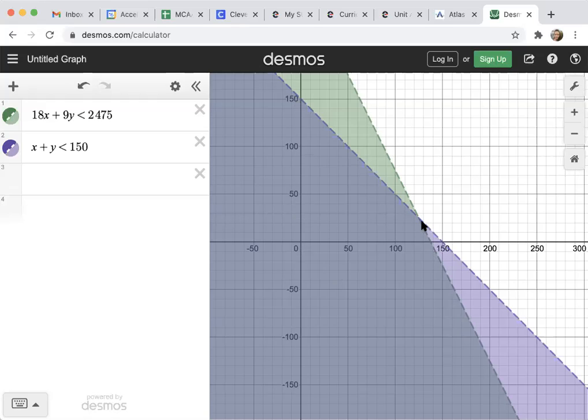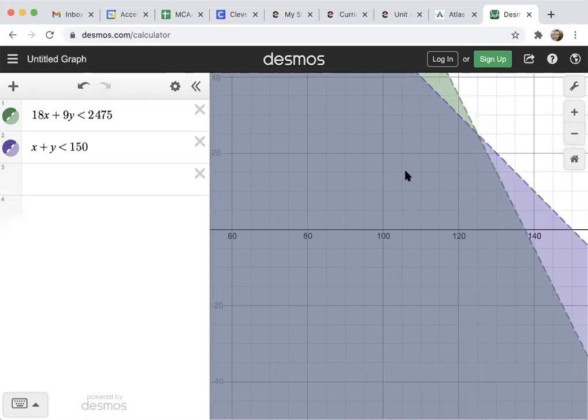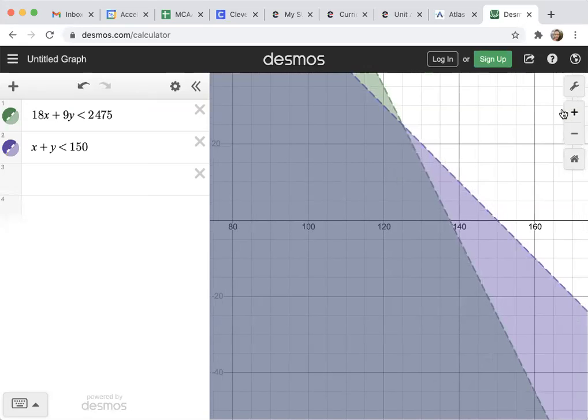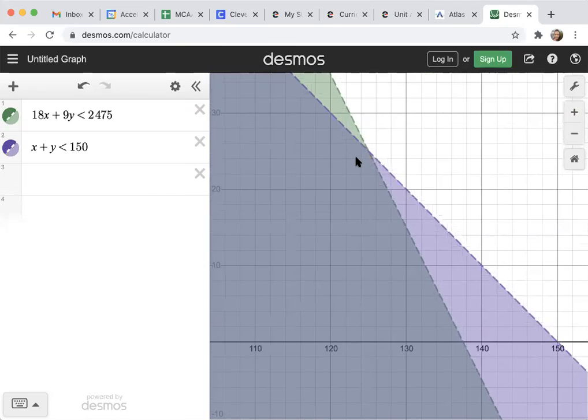So your question was using the graph to determine the maximum number of adults who could attend the dinner and fill the venue. So adults was X, the X value. So like this point right here would be like 120, 24, 26, 28.